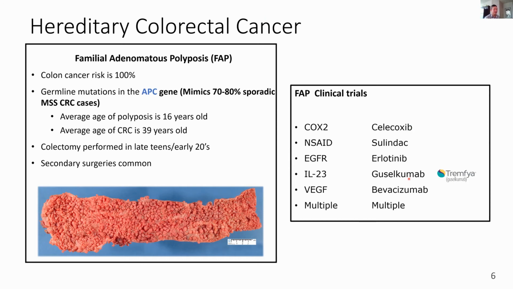I've just listed some of the more promising avenues. So inflammation, COX-2 and related compounds showing efficacy, NSAIDs, the EGFR pathway, which is the one that I will show a little bit more characterization for. Personally involved, I won't talk about today.